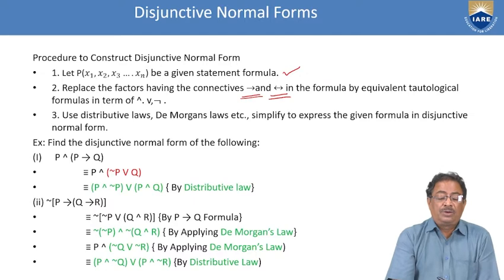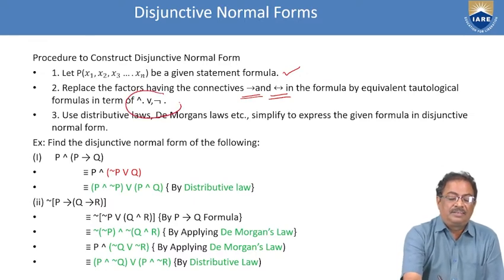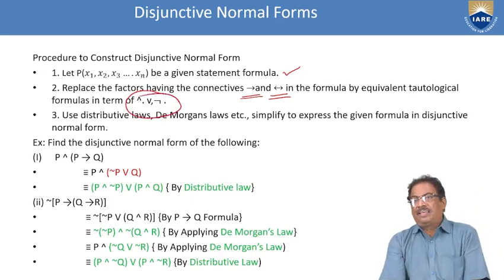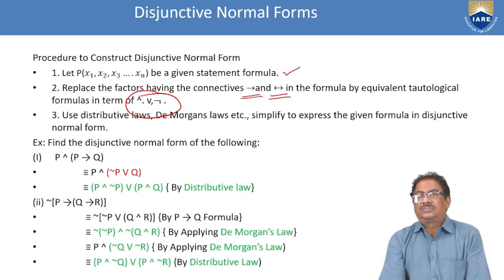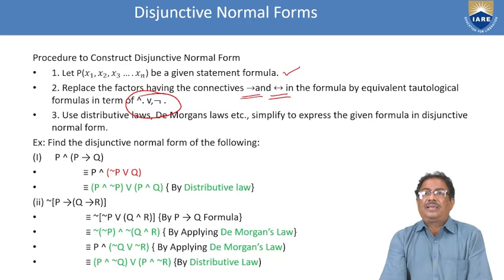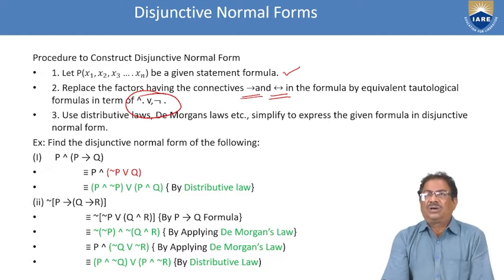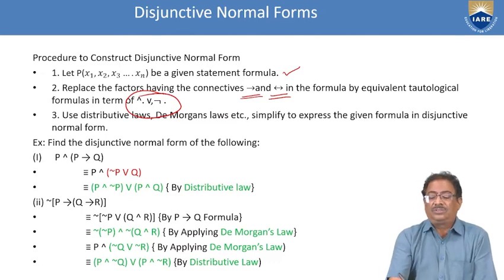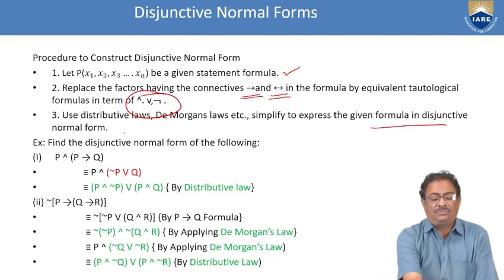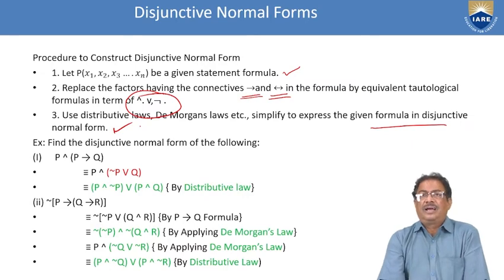In that place, we replace them with and, or, negation. Once we replace them with and, or, negation, then we use distributive laws, associative laws, De Morgan's laws, or whatever applies, and reduce by applying these formulas so many times.